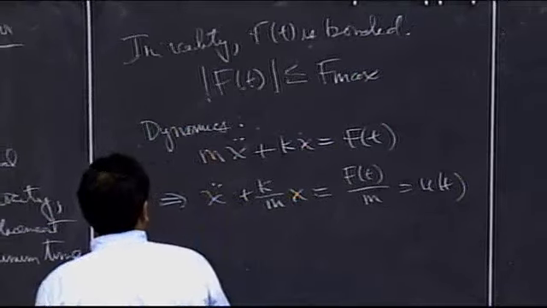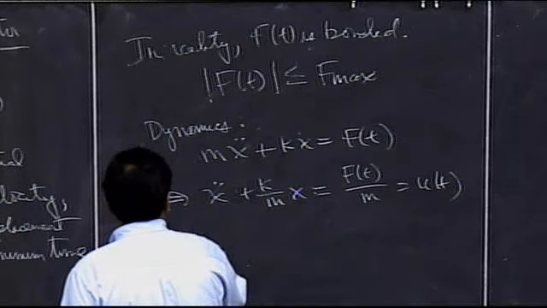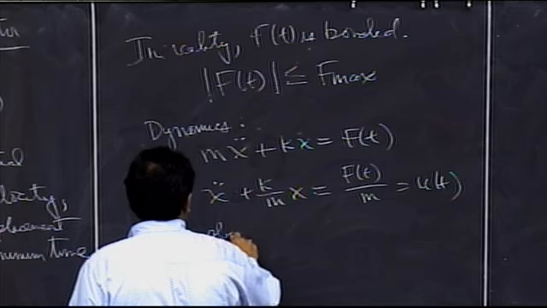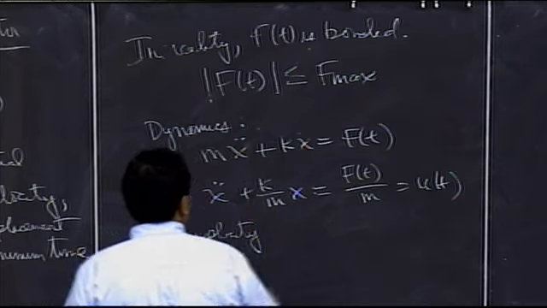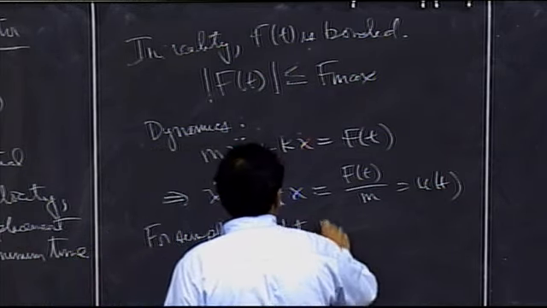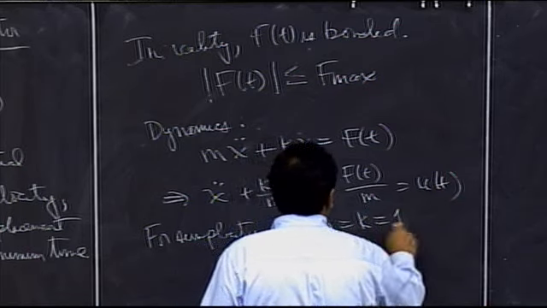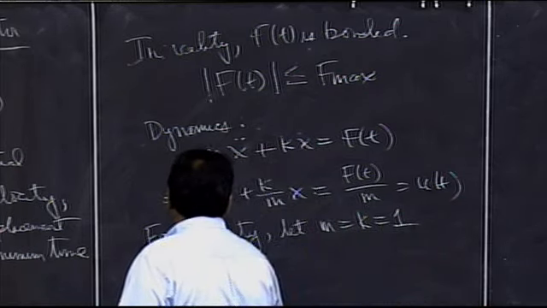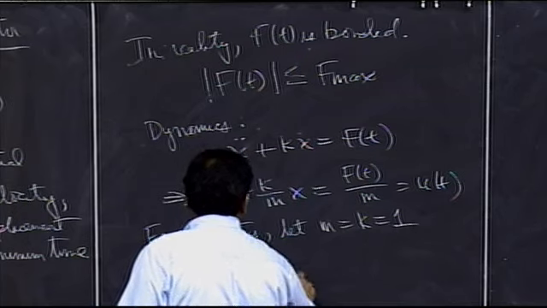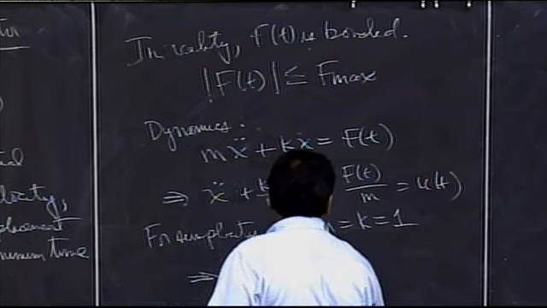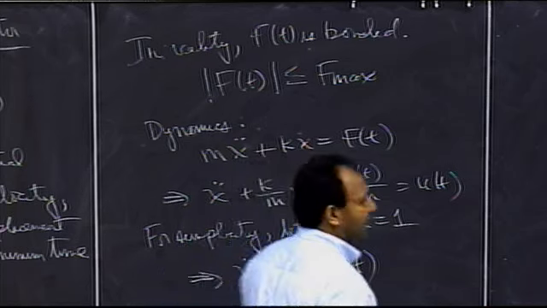Now, just for simplicity, because it doesn't change the solution at all, let m equal k equal 1. Then we get x double dot plus x equals u of t. So that's the system.